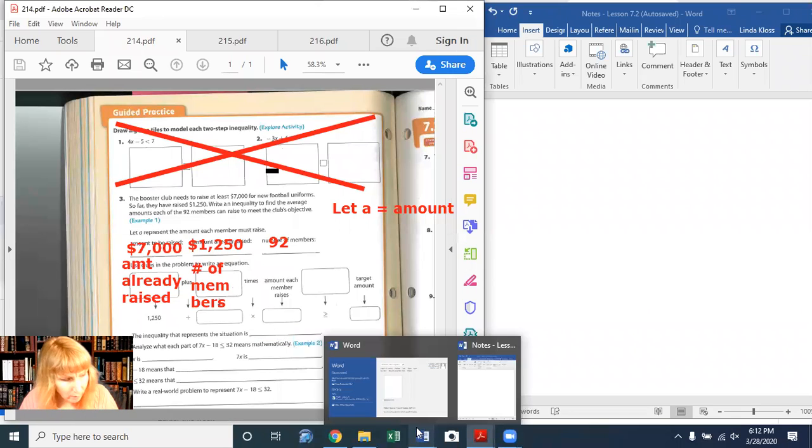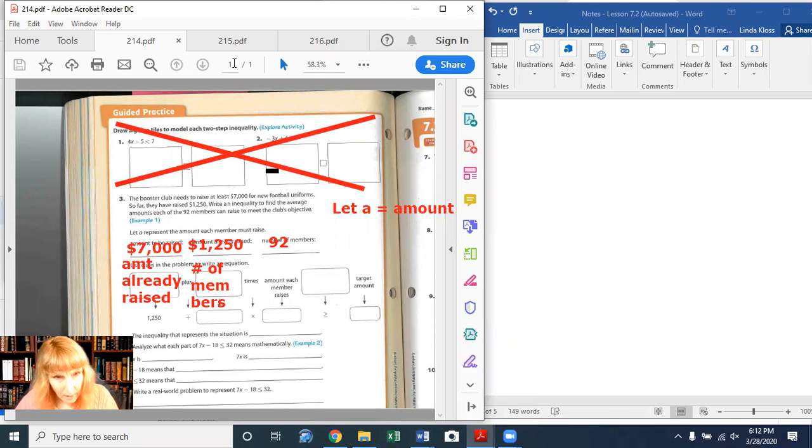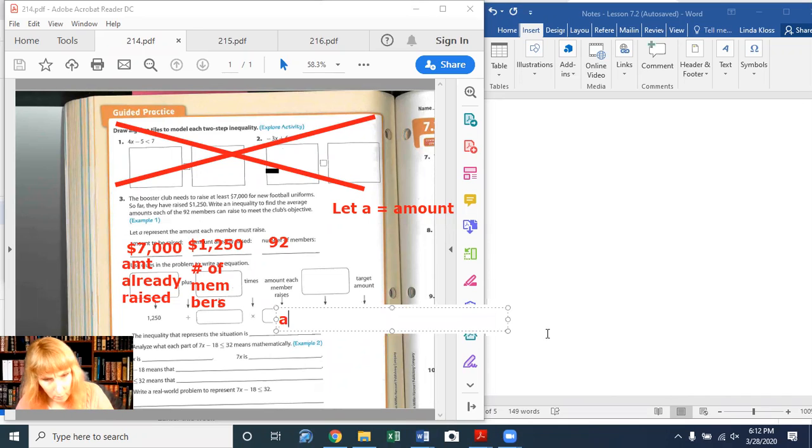The amount each member raises is going to be A. So we're going to stick that in there. Right here. And we might as well go ahead and put the number in the other box. The number of members, we already know that to be 92, so we can stick that in the box.